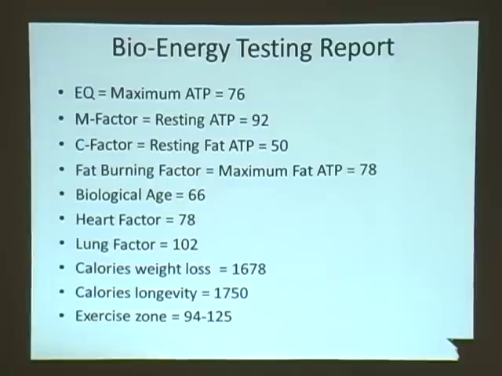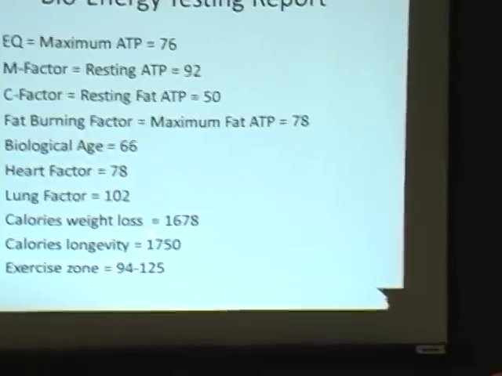These are the amount of calories that he would need to maintain in order to lose weight. Now, this calorie weight loss is based upon exercising for 30 minutes every day according to the exact exercise prescription I give him. The computer is able to measure that. It can measure how many calories he's burning while he exercises. It can measure how many calories he burns when he's just sitting there doing nothing. We add them together with an exercise program, and I can tell him how many calories he's going to burn in a given day exercising this way.